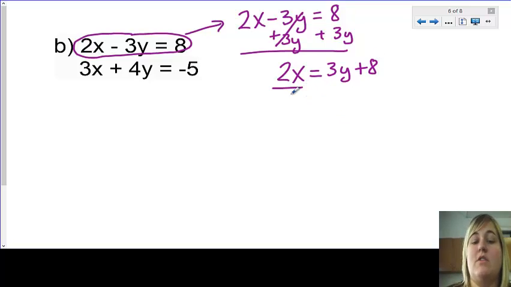Now I need to divide by 2 on both sides to get x by itself.